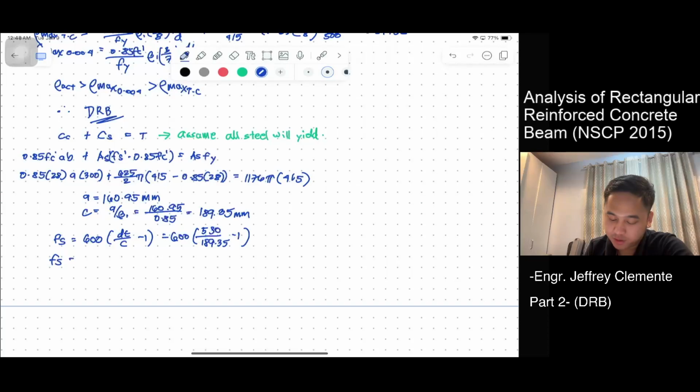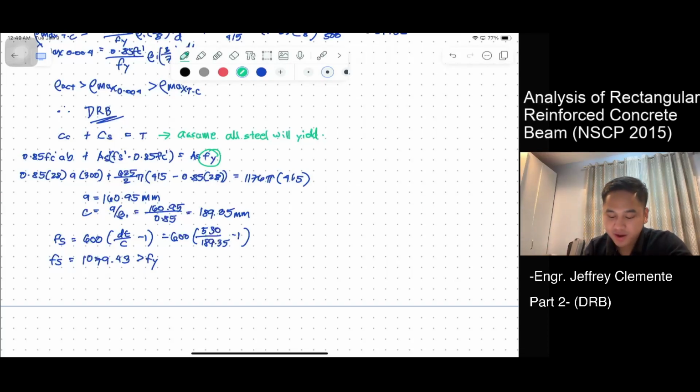Therefore, ang FS natin is 600 times 530 over 189.35 minus 1. Therefore, 1,079.43. So, we could say that FS will yield, diba? Greater than FY. Therefore, tama tong FY natin na to.